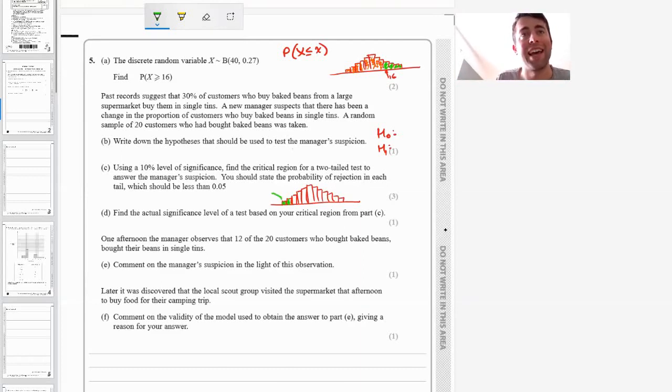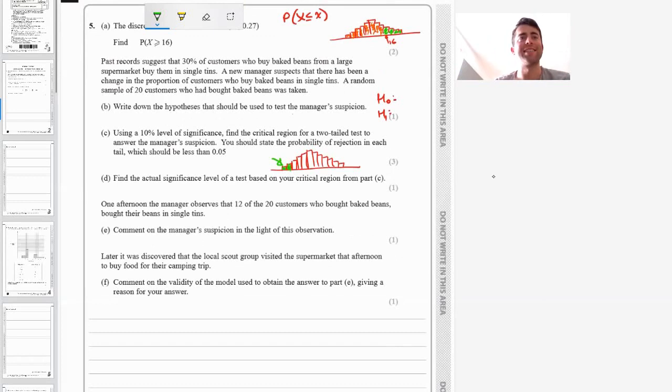We're looking down here, for example, for before it goes over 5%, we need that green bit down there to be less than 5%. And the actual probability of rejection in each tail is the actual probability of being down there in that green bit in this case. And then you've got to do the same at the other end. And the actual significance level is just those two things added together.